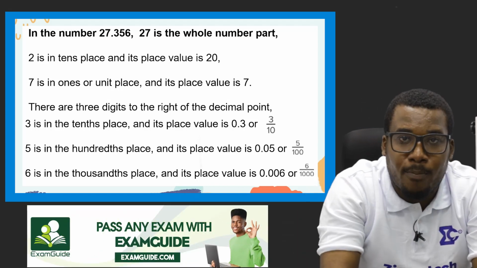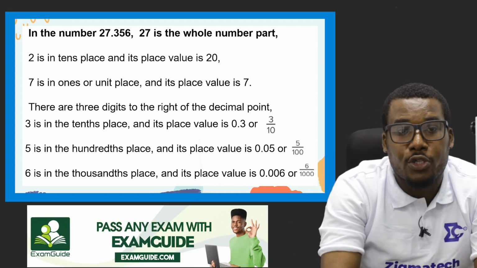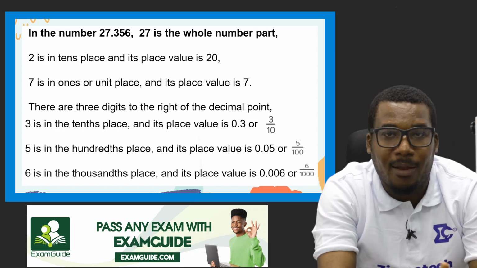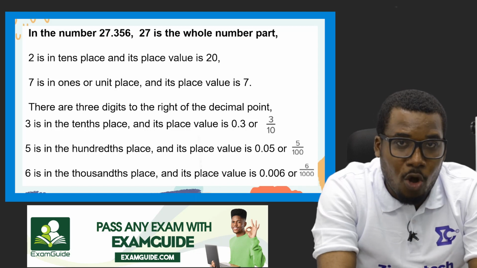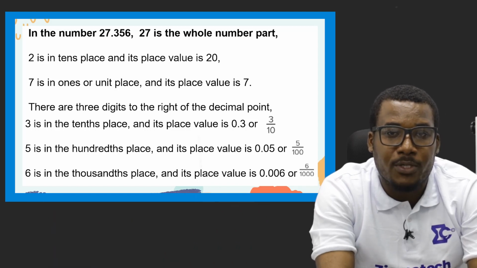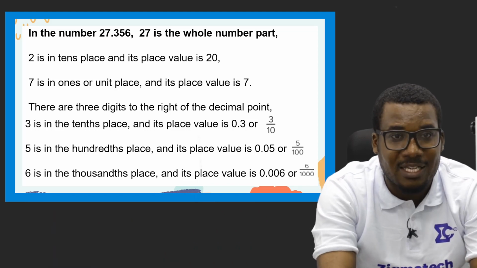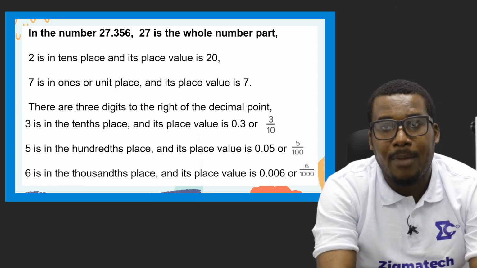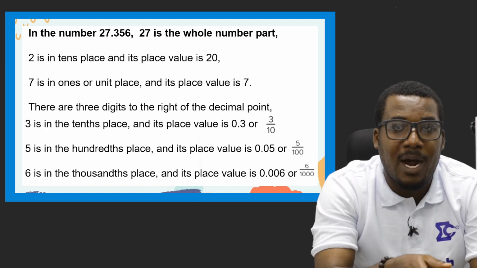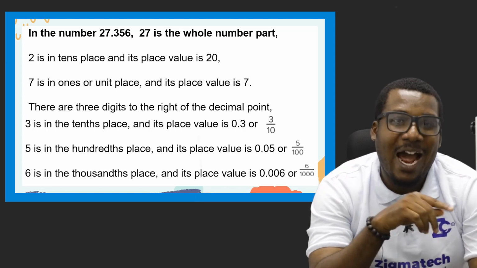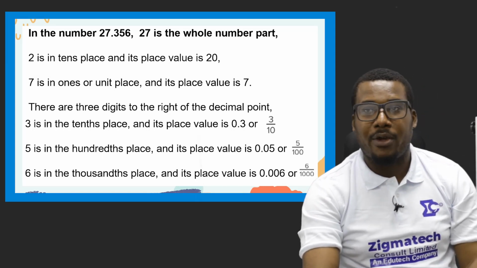A whole number is any number that occurs or comes before the decimal point. Know that very well. One more time, whole numbers are numbers that occur before the decimal point. Meanwhile, decimal numbers, this is the difference, are numbers that occur after the decimal point.